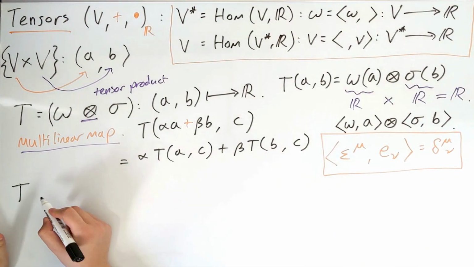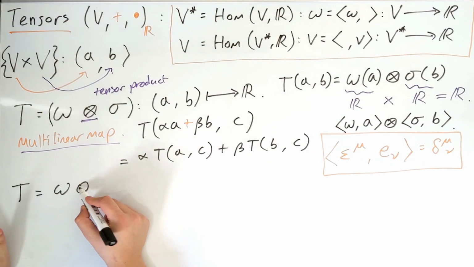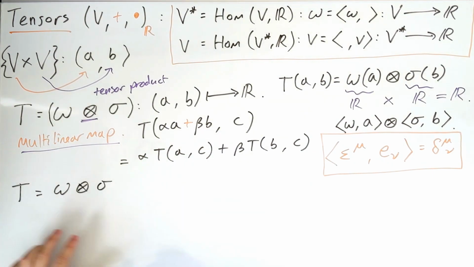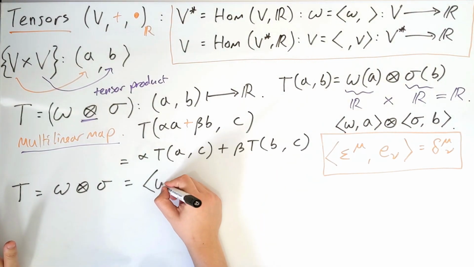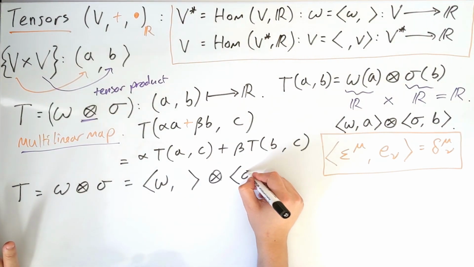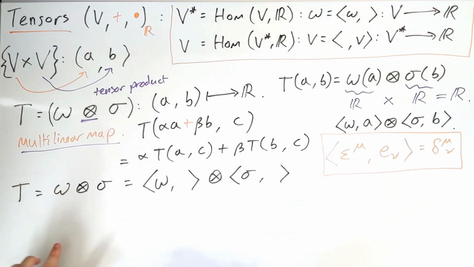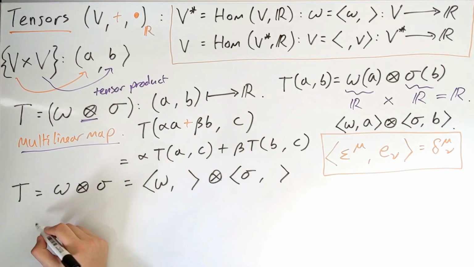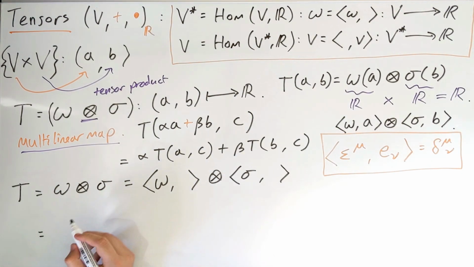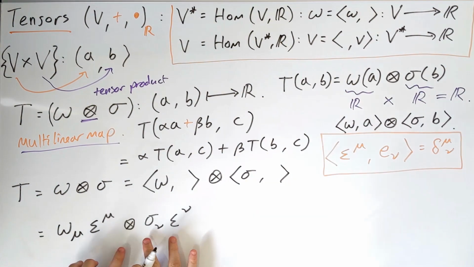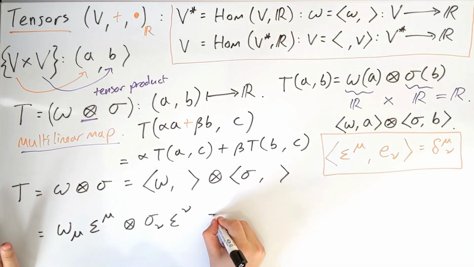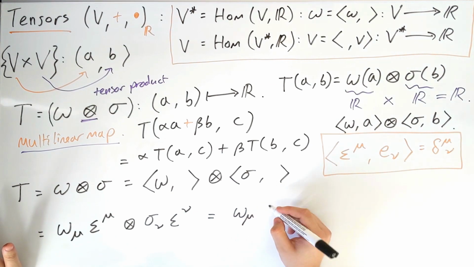So now one last thing before we generalize this even further. We think of the tensor as being this tensor product of two dual vectors. So we know now how this should act. It should be a map which is simply waiting for two vector inputs. But now if we come back over here, we can expand each of these in terms of a basis, which gives us the following result. And now we remember this is multilinear, so we can write this as omega mu sigma nu.